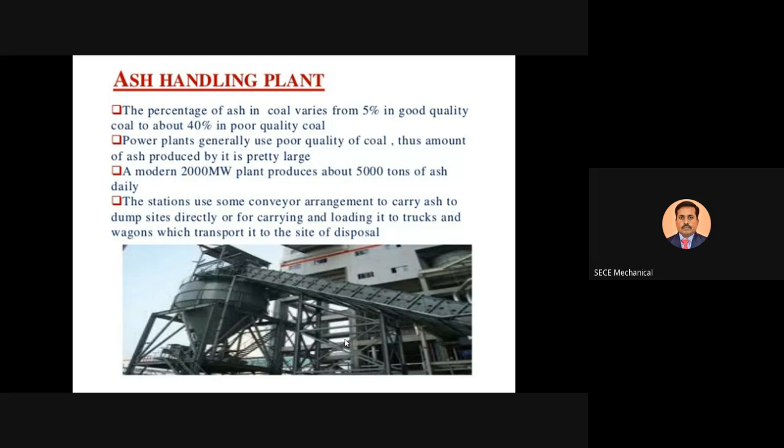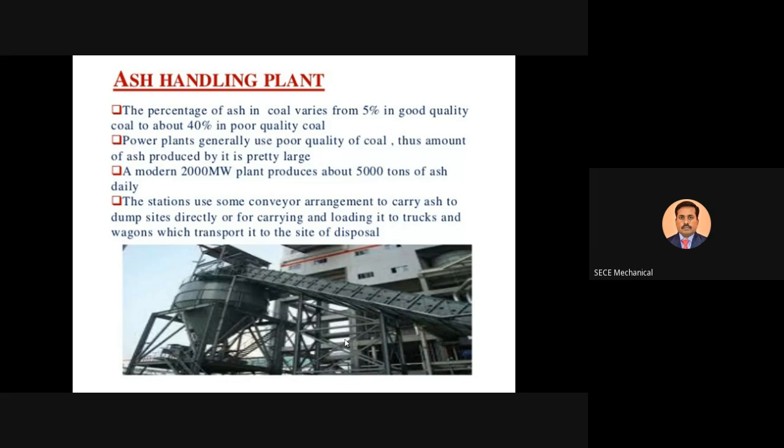So 2,000 to 5,000 tons of ash normally comes from your plant, so you have to dispose of the ash every day. That is very important. The station uses some conveyor arrangement to carry the ash to dump at the site directly, or for loading into trucks and wagons which transport it to the site of disposal.